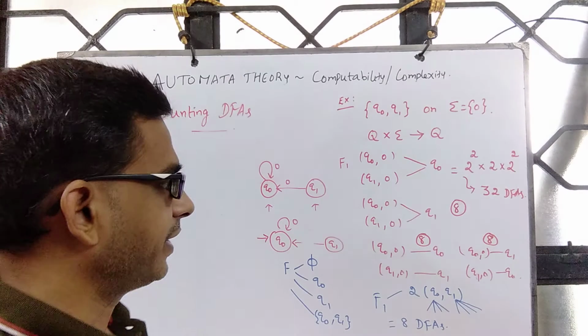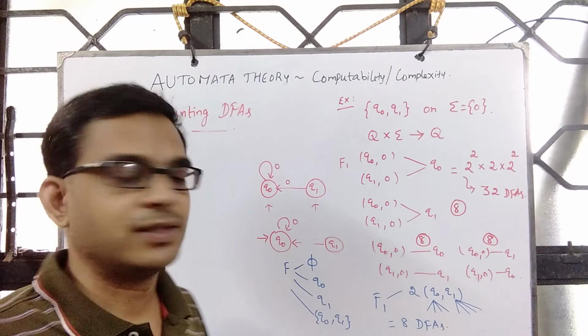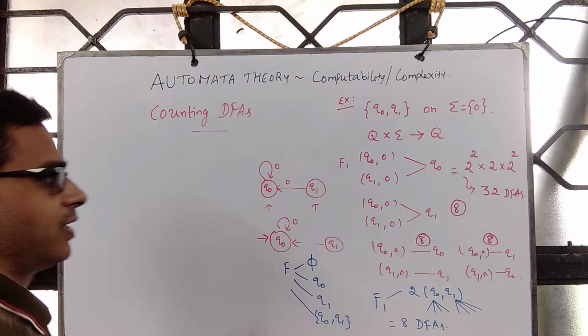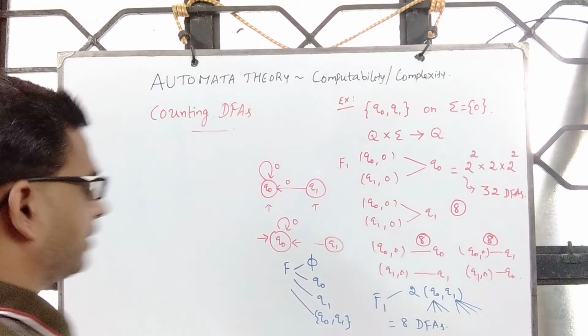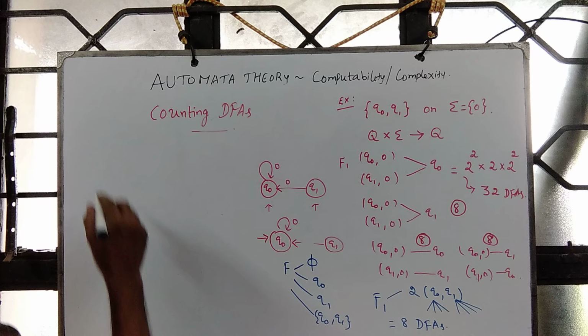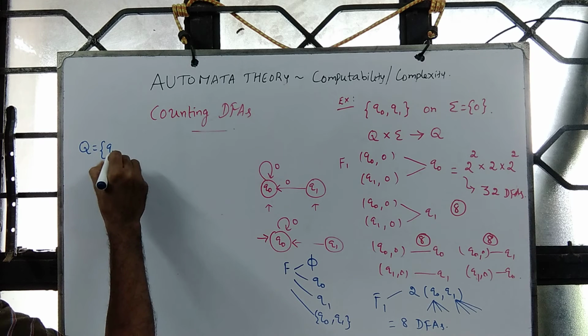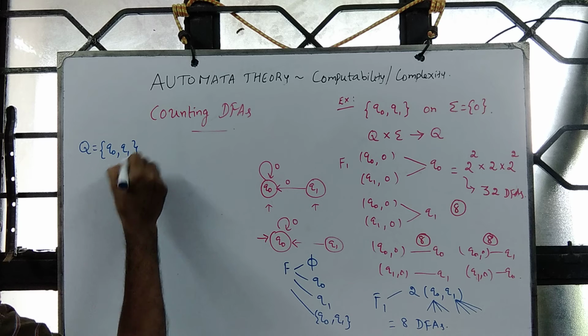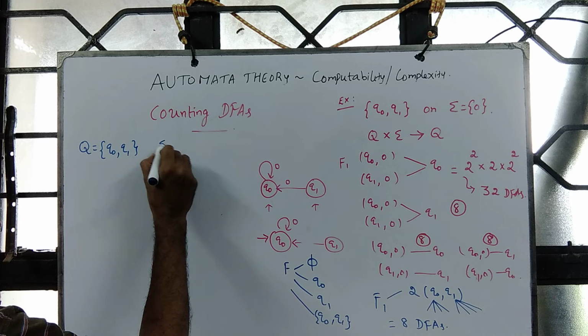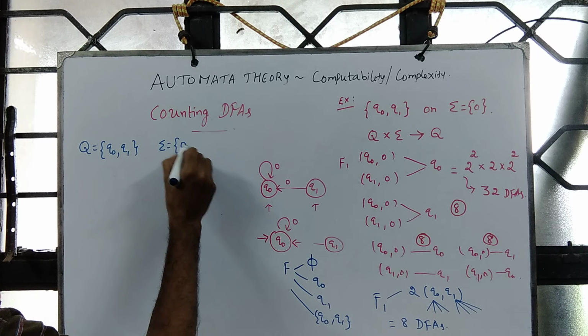Now let's see, can we generalize this for other values of Q, sigma, and so on. Let's consider one more example. Say Q is {q0, q1} and sigma is {0, 1}.